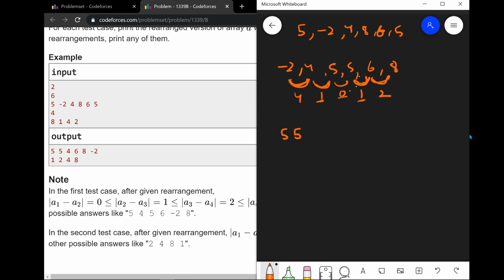So the difference is 0, so the closest to them. So that will be correct.